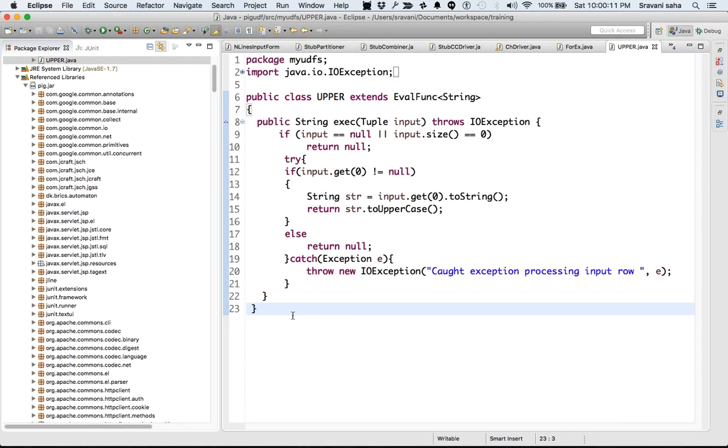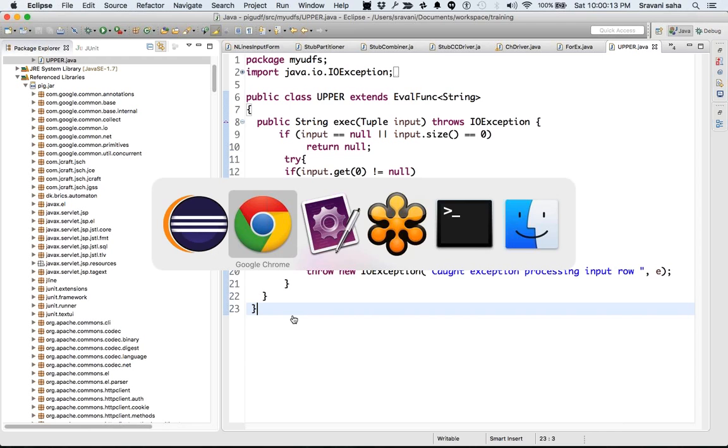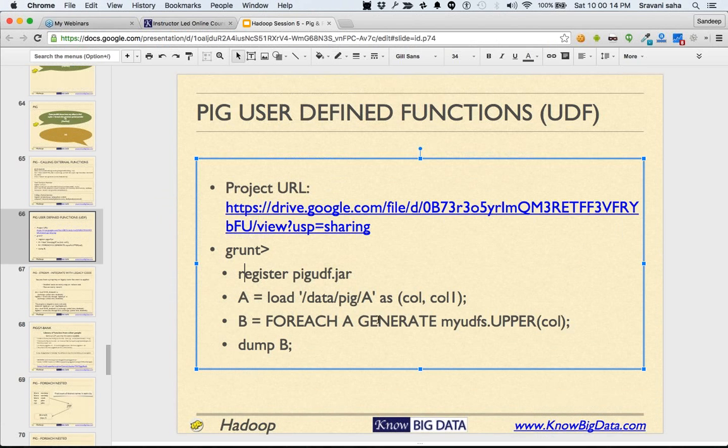Because the function which we are using in generate has to be executed on all the records, and thus in all the mappers, not only on your current node. Therefore, register makes sure that your jar is taken to all the nodes, and the class is also picked from it.